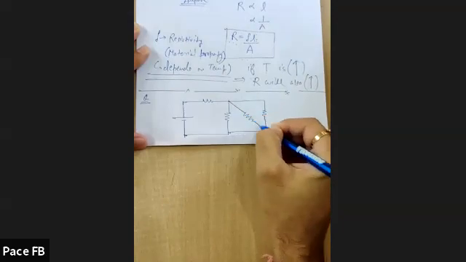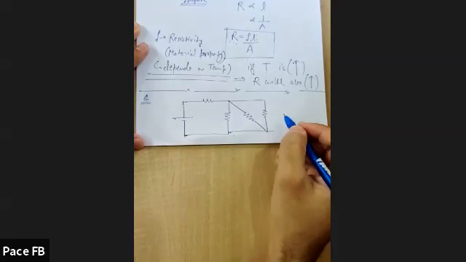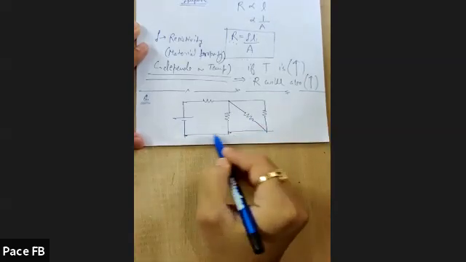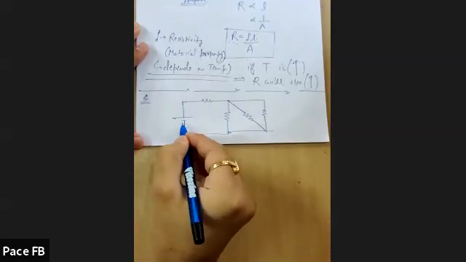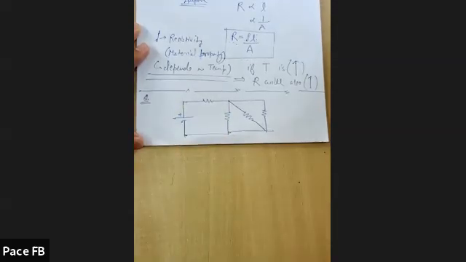There are four resistors. How do we represent a resistor? This is a resistor. So there are four resistors connected in the circuit and a battery. This is the negative terminal of the battery. This one is the positive terminal.